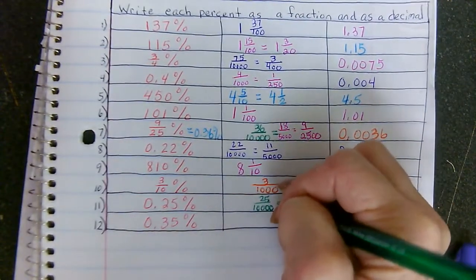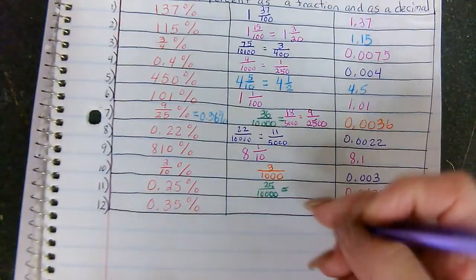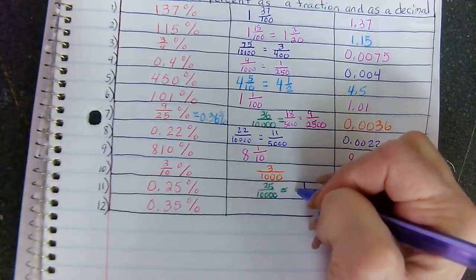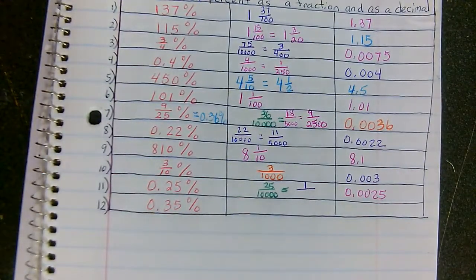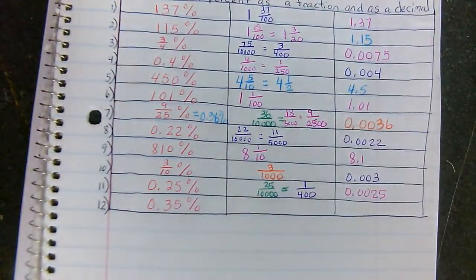Now I'll go ahead and tell you 25, it goes into itself once. So I'm going to put 1 on top because 25 divided by 25 is 1. And 10,000 divided by 25 is 400. So that's 1 over 400.